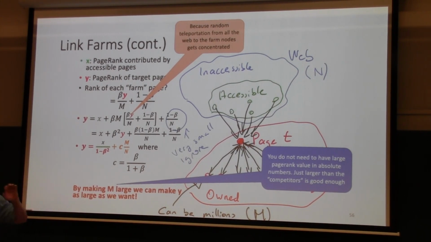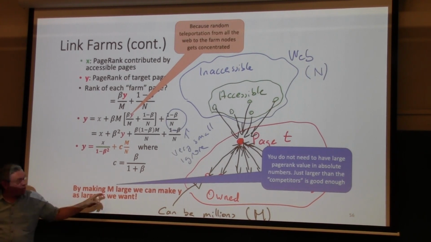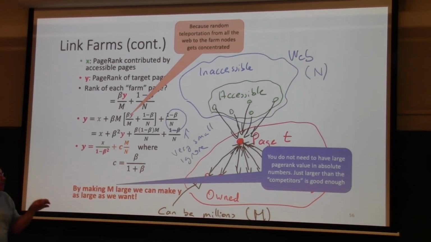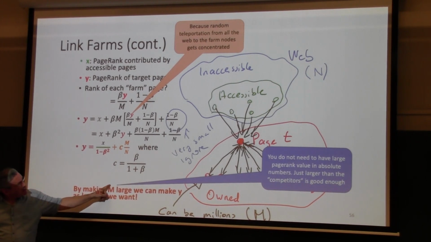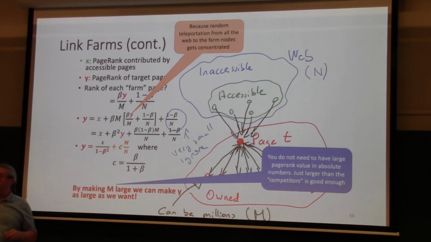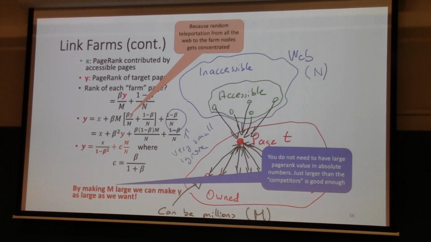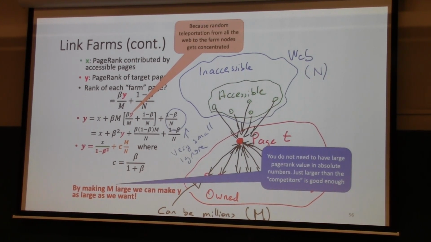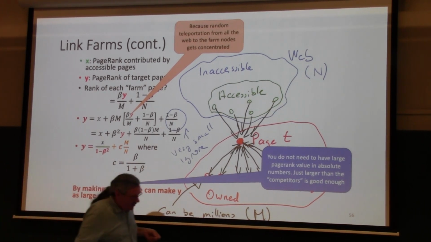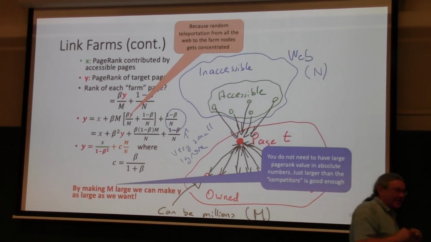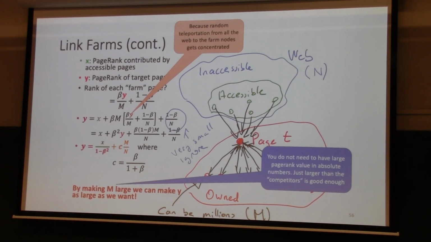You're not competing with really popular pages like Amazon. You're only competing with other shirt sellers. So m doesn't even have to be that large. But of course, the shirt sellers will all be paying these companies, the search engine optimizers, for increasing their rank, and the one who pays the most will increase the rank the most.